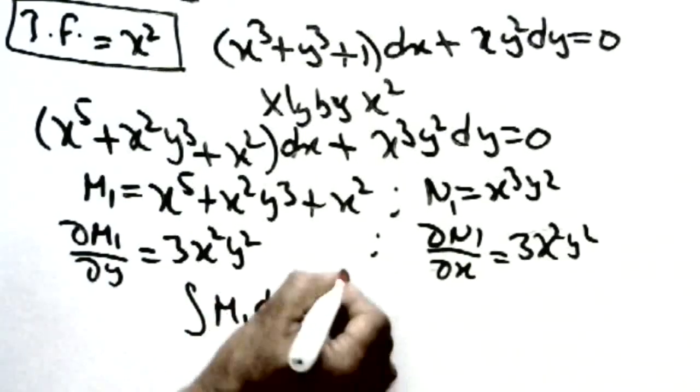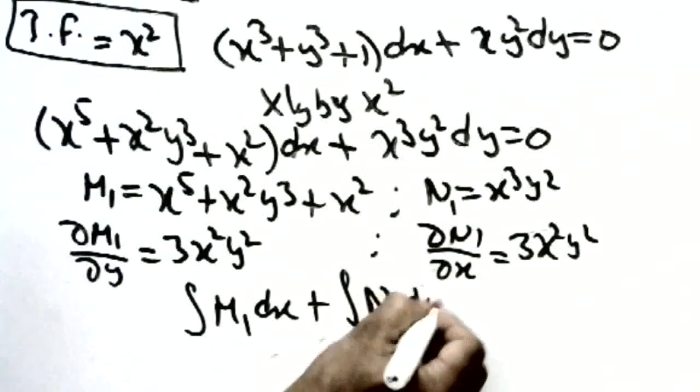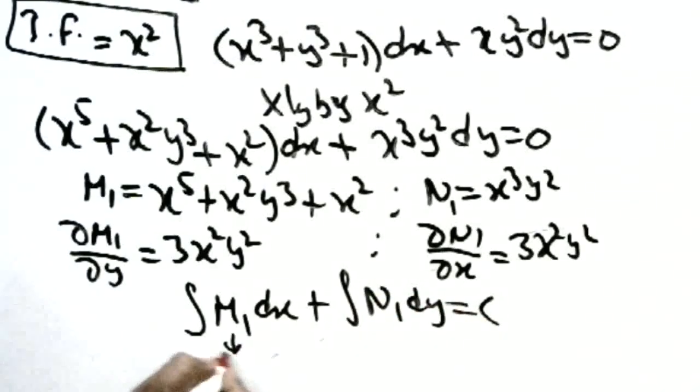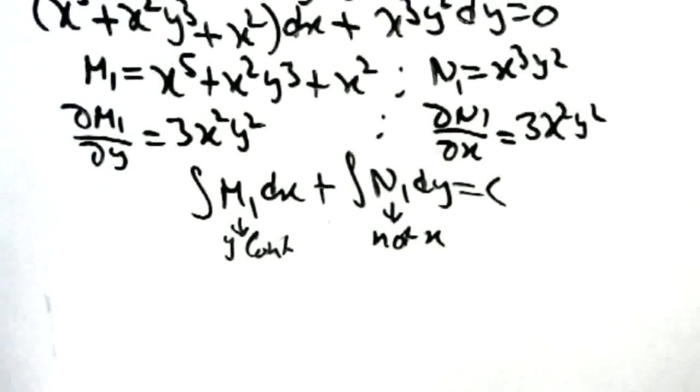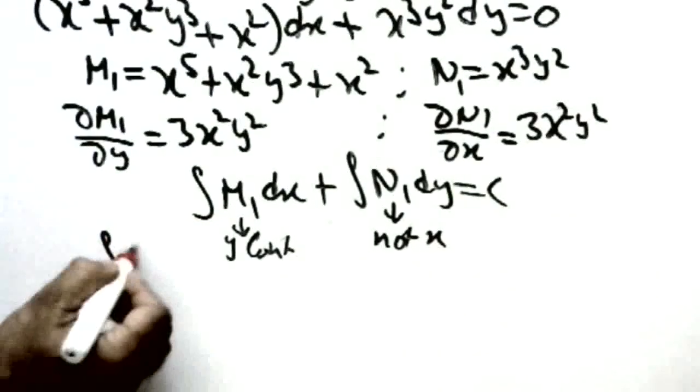Now the formula is integration of M1 dx plus integration of N1 dy equals to c. Here we take y constant, and here we take terms not containing x. Okay, now let me continue this one.